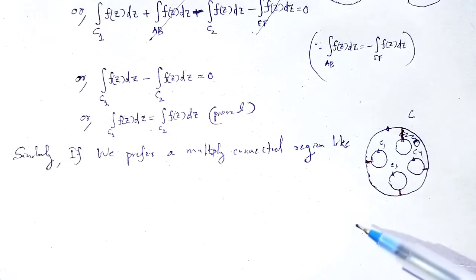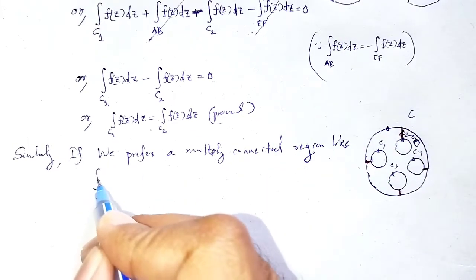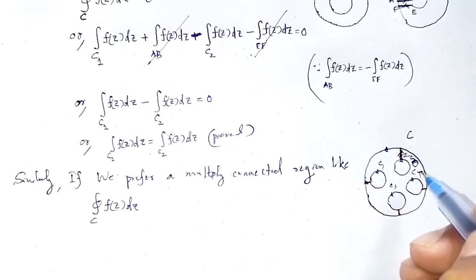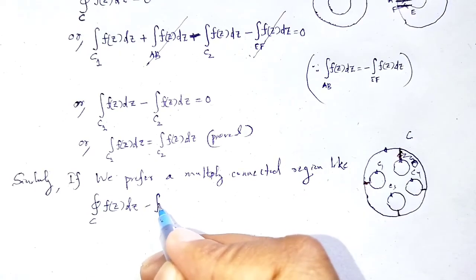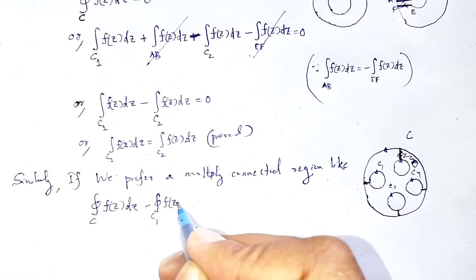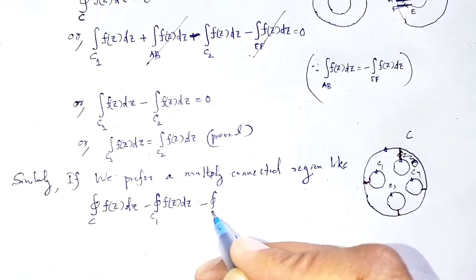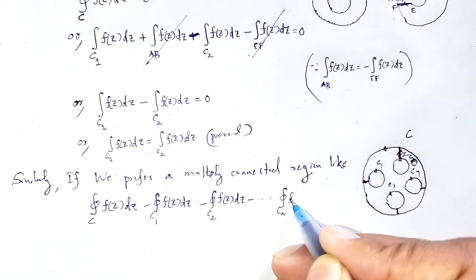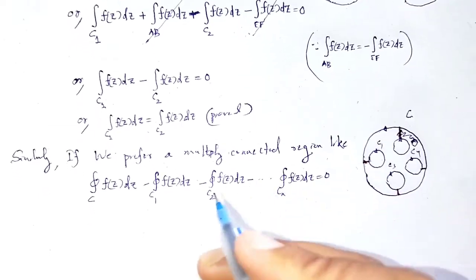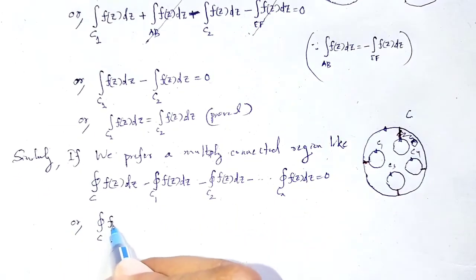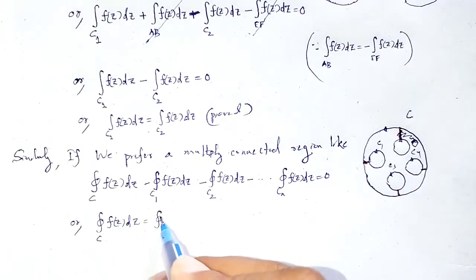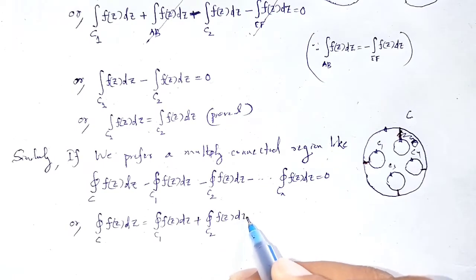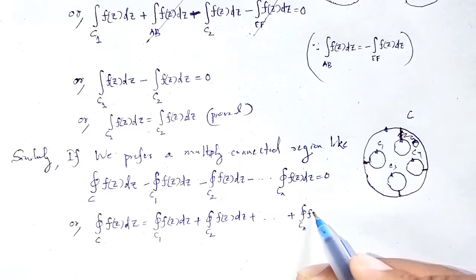Now we can use Cauchy's integral theorem. So the closed curve integration over C of f of z dz minus closed curve integration over C1 of f of z dz minus closed curve integration over C2 of f of z dz minus dot dot dot up to closed curve integration over Cn of f of z dz is equal to 0, or closed curve integration over C of f of z dz is equal to the integral over C1 plus C2 plus dot dot dot up to Cn of f of z dz.